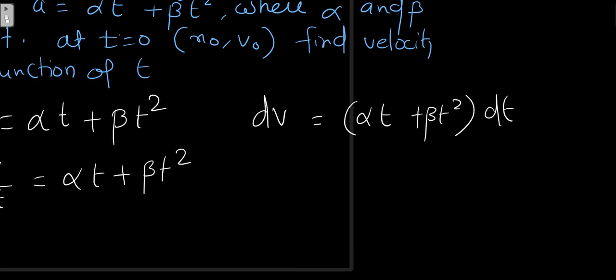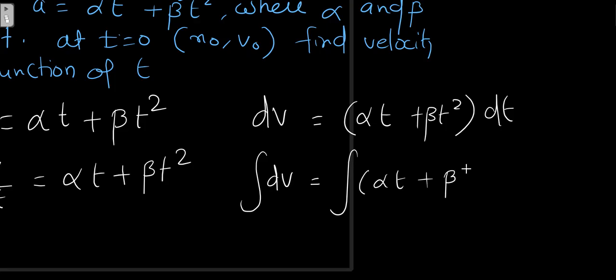Now we can apply integration on both sides: integral of dv equals integral of alpha t plus beta t square dt. Here in this sum, this is an integration with respect to time. So initial time is t equal to 0, final time is t. At initial time, the position will be x0.